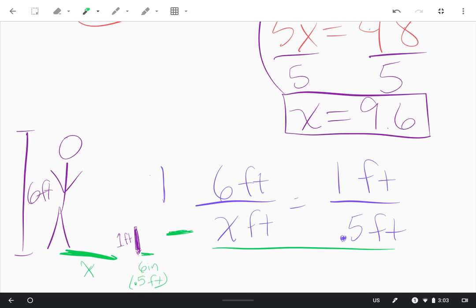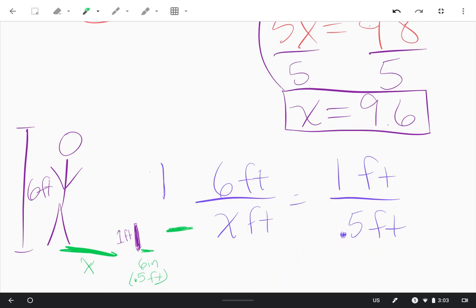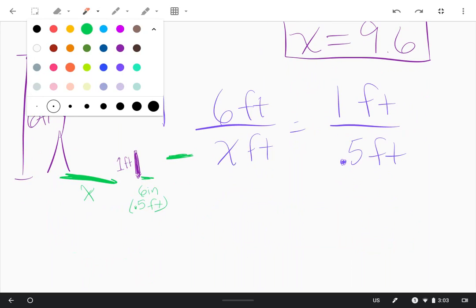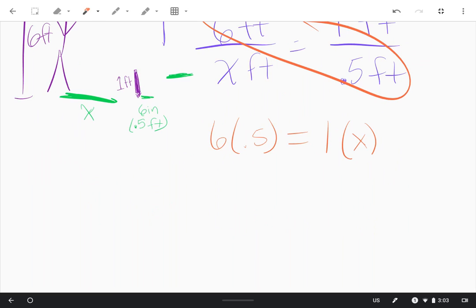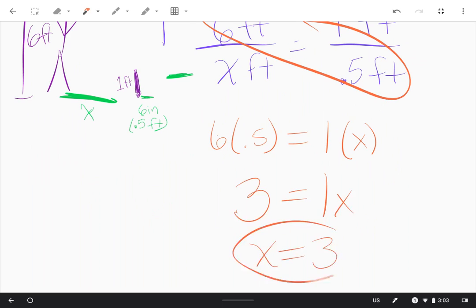So these are the shadows down here, and the things up on the top are the length, or the height, of the actual object. So we use the means extremes property, also known as cross multiplying. We do 6 times 0.5 equals 1 times x. And so we get 1x equals 3. Because 6 times 0.5 is 3. 6 times 1/2 is 3. And so then x equals 3.